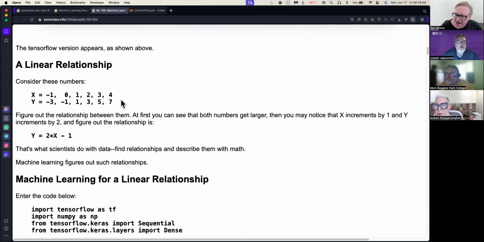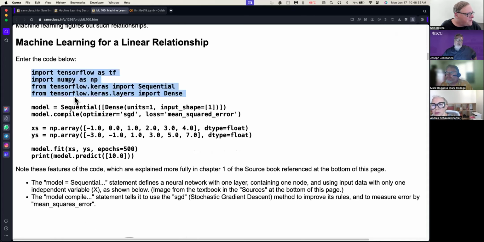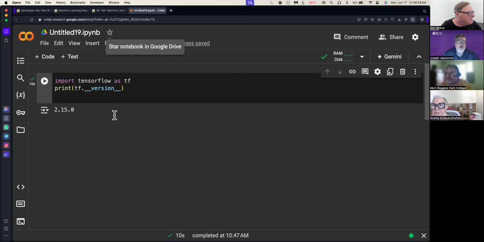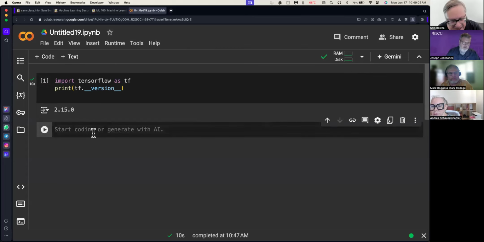And in the old-fashioned technique, a human could write a program to generate these numbers, and they would have to put this equation in there. But we're going to make AI, it's going to figure out that relationship without us explicitly programming it. And as you can see, it only takes about 12 lines of code to do that. So here's the code. I'll make another block here and put it down there.